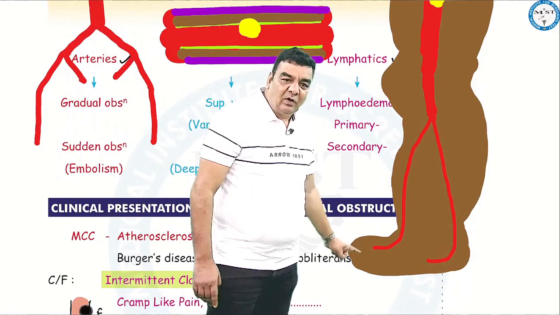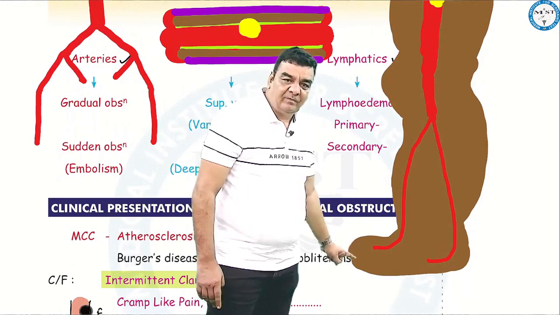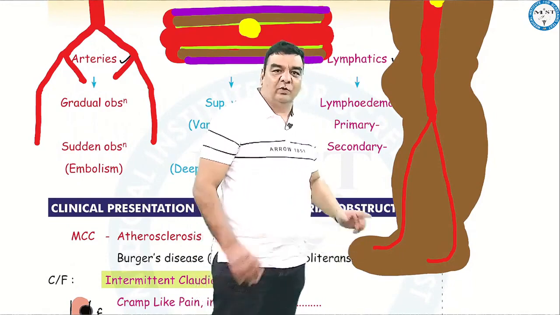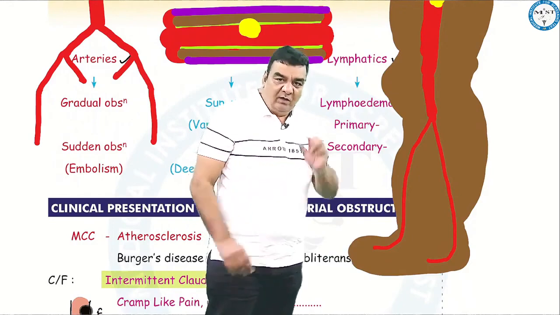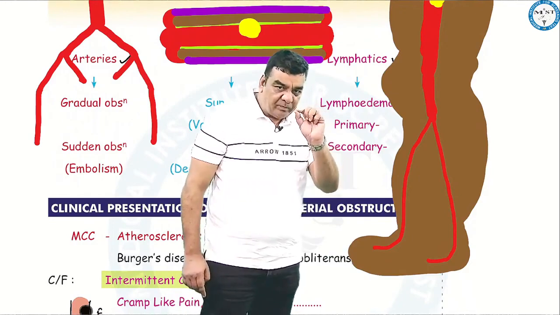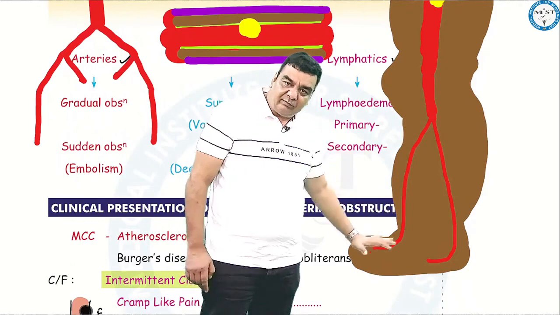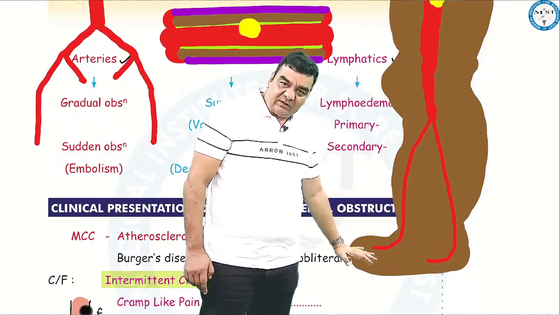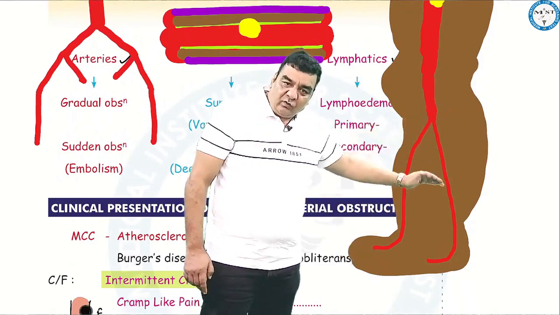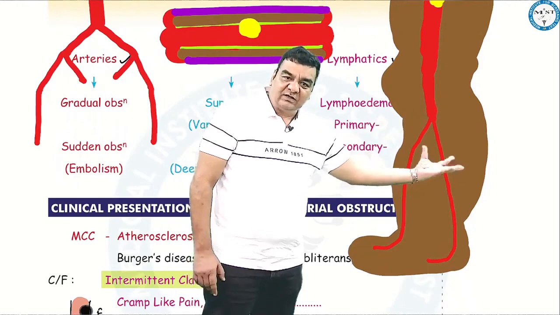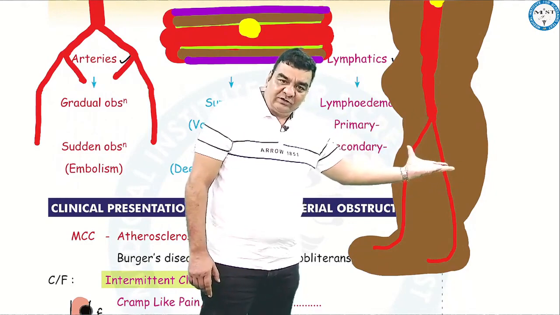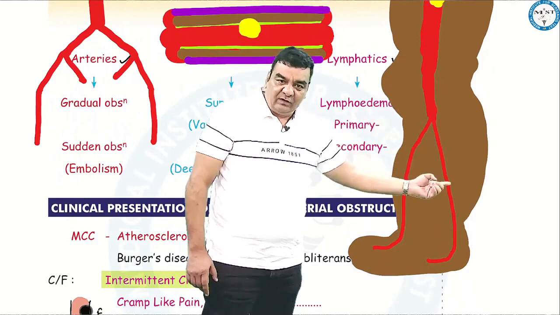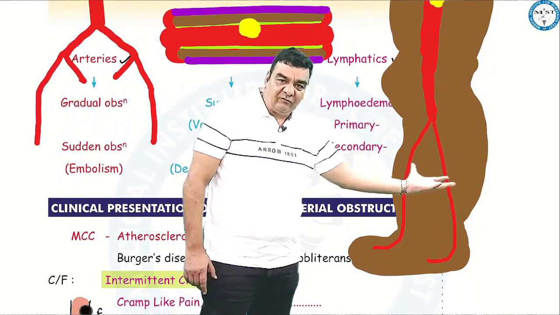This is called rest pain. So initially what happened, beta? When the plaque was small, the patient did not have any complaint at rest. But when the patient used to walk, these calf muscles required more oxygen, which was not delivered. So there was pain in the calf.